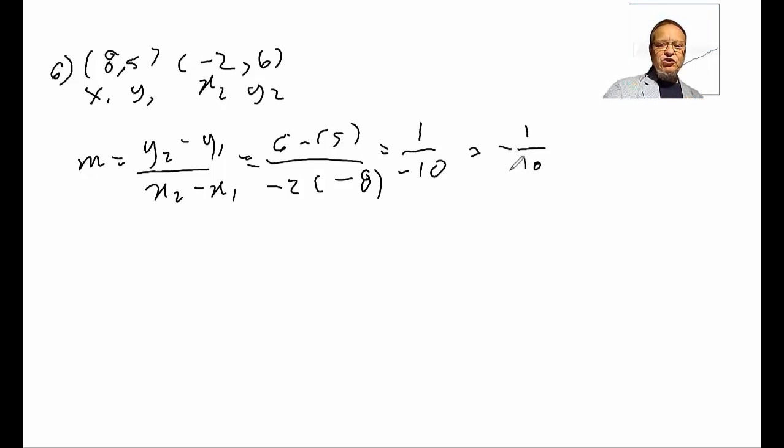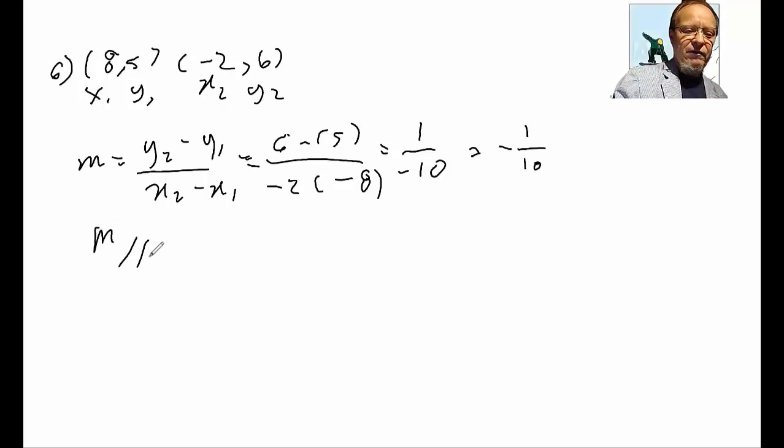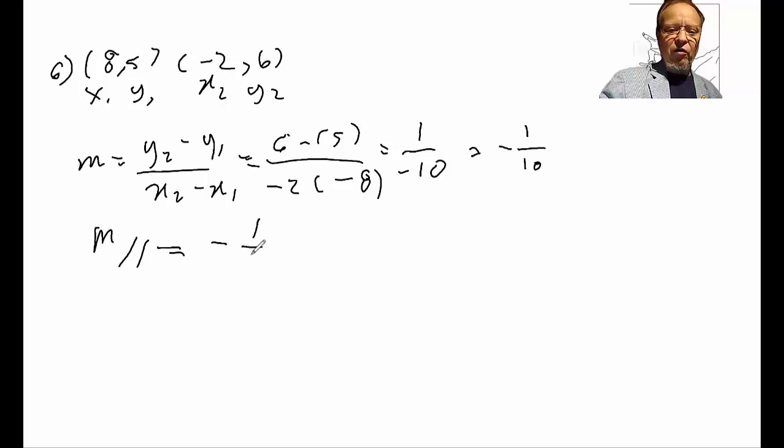Now, by definition, a parallel line, we'll call that m parallel, would be equal to negative 1 over 10, because parallel lines have the same slope as the other line, which we would call, let's say, m1.